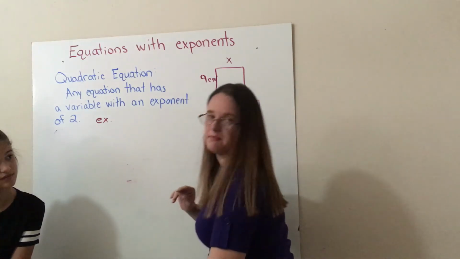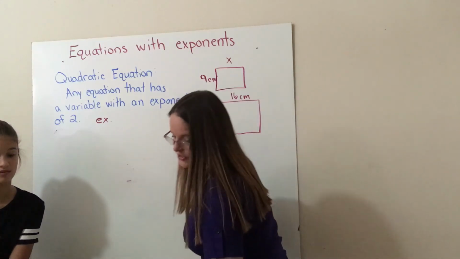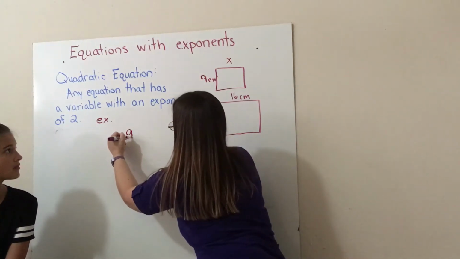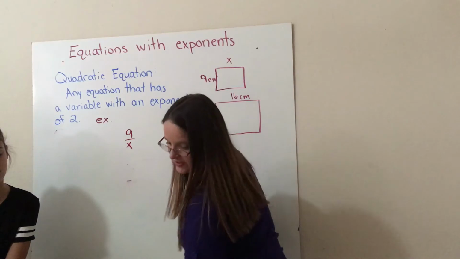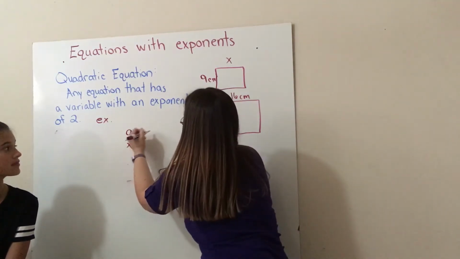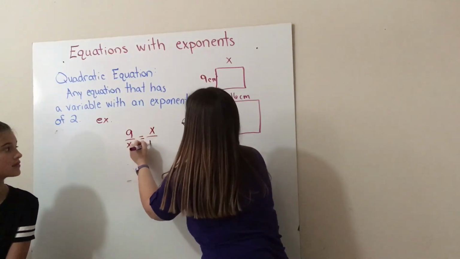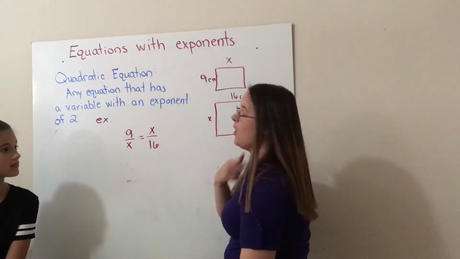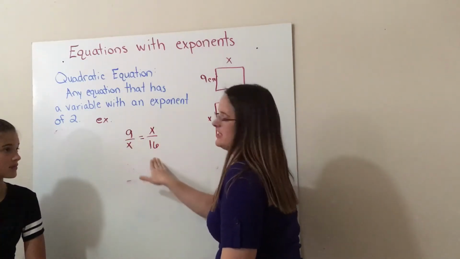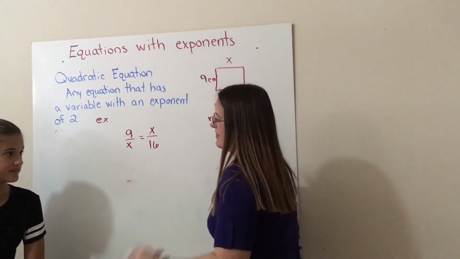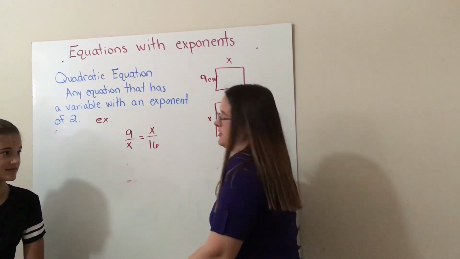Find x by solving this proportion, and then they give us the proportion of 9 over x is equal to x over 16. Whenever I see a fraction equal to a fraction, my favorite way to solve this is cross multiplication.